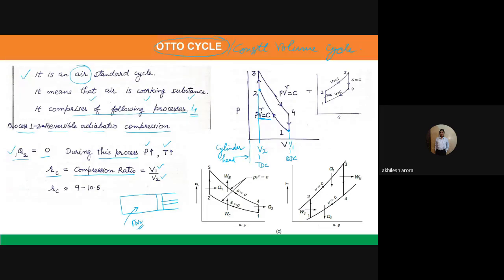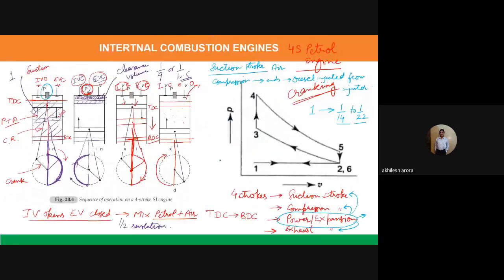And the volume remaining between TDC and the cylinder head, this much volume, is known as clearance volume. And this is the stroke length between V1 and V2. If this is the top dead center and this is the bottom dead center, this length is known as LS, which stands for stroke length.